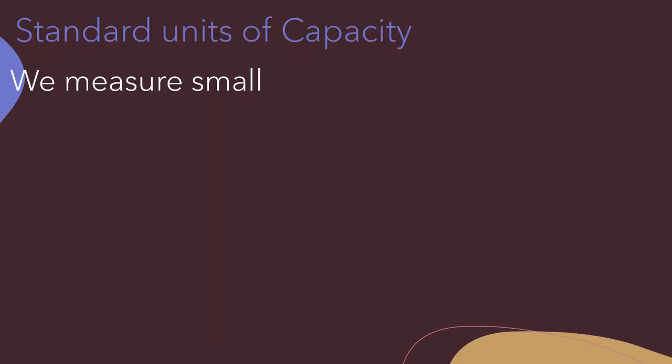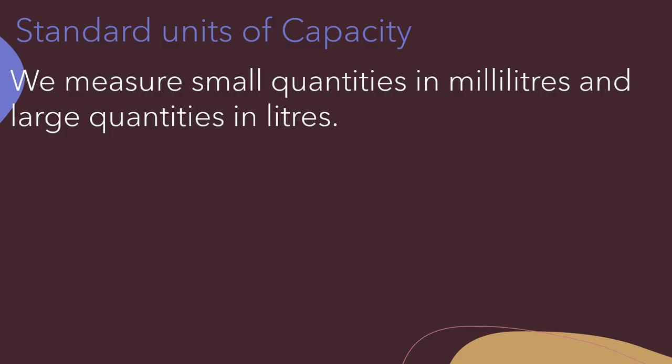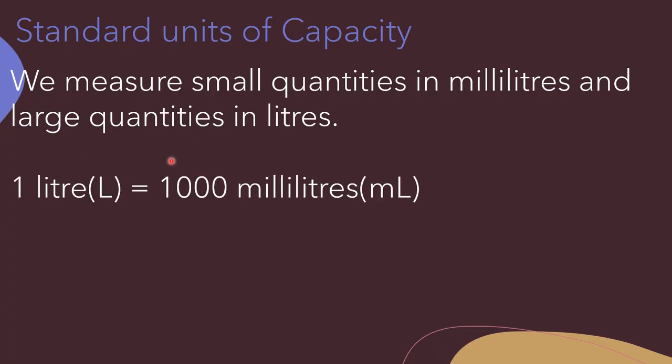Okay, we measure small quantities in milliliters and large quantities in liters. Okay beta, small quantities are measured in milliliters, and large quantities are measured in liters. 1 liter is equal to 1000 milliliters. 1 liter has 1000 milliliters, beta. Okay, here we can write it like this.